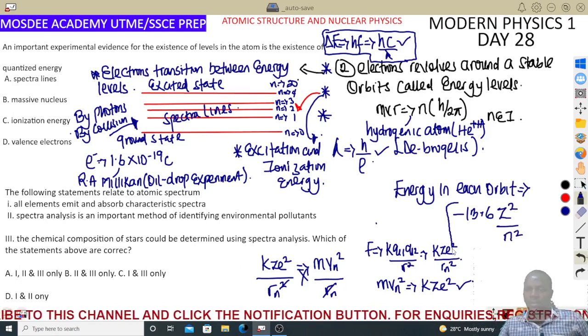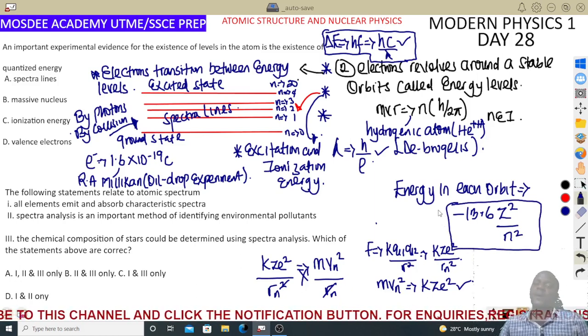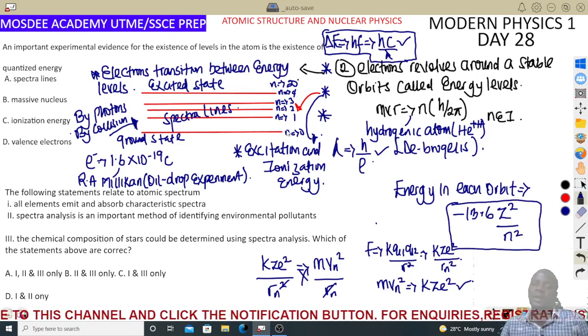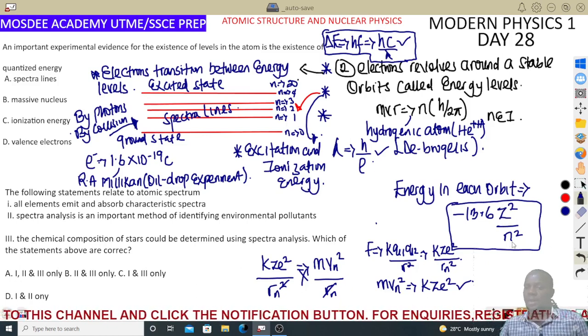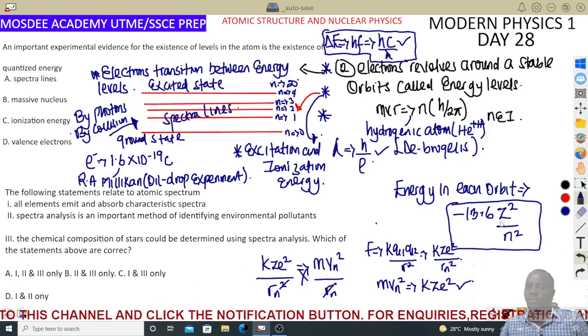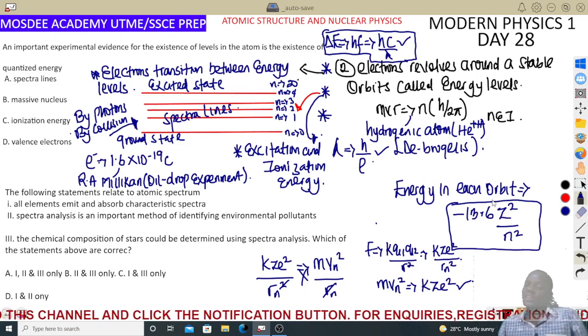Please keep this formula at the back of your mind because it's also important for your level. For example, when n equals 1, n squared is 1, and Z is for hydrogen, you know the atomic number, like I told you. It is only applicable for hydrogenic atoms, the way we call it.